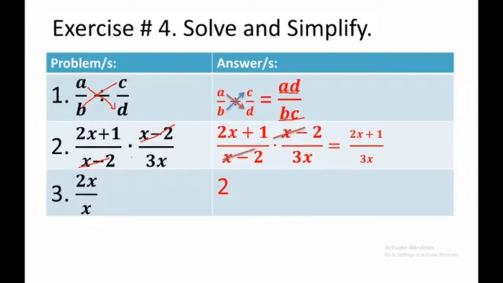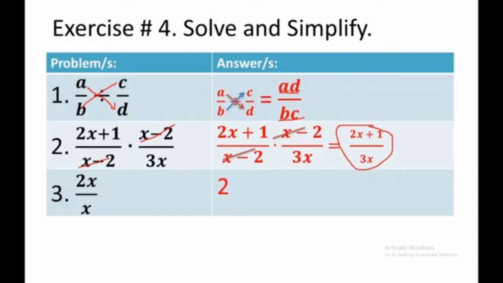So what is left? We have 2x plus 1 over 3x. So that's why our solution here is 2x plus 1 over 3x. We can cancel because x minus 2 over x minus 2 is equivalent to 1.